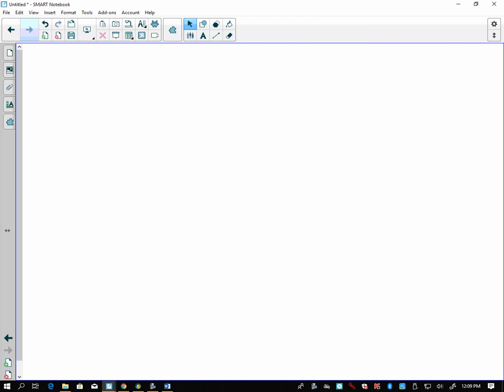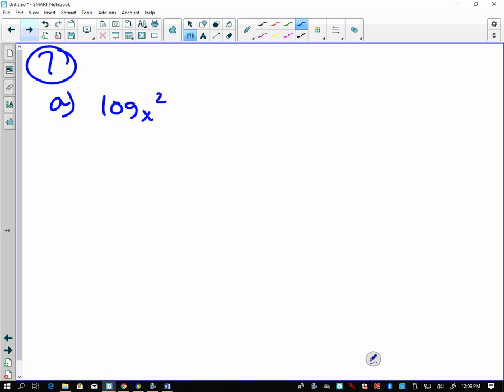All right. After 15 was 7. All right, has multiple things here. Solve for x. Let's do a first. We've got log base x of 2 equals 1/2. I'm going to convert this to exponential form. The x is going to come up, the 1/2 is going to come as the exponent, and my 2 becomes my whole number.